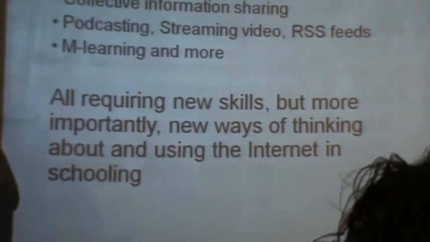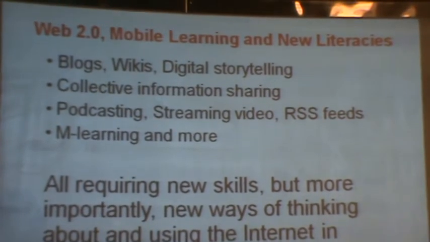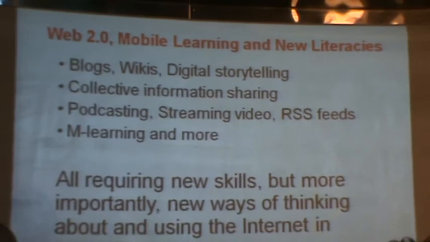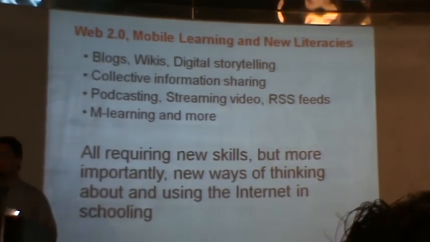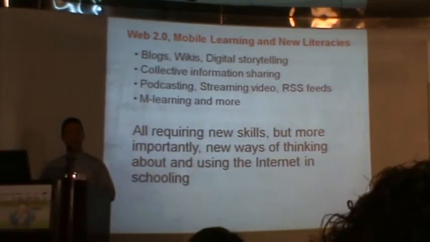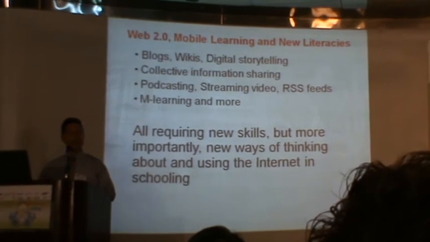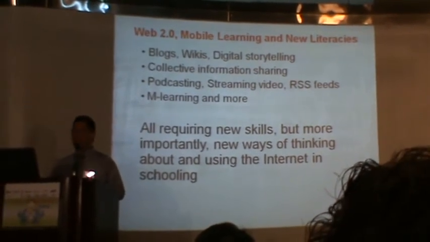Collective information sharing, where you get students of all ages working in combination with each other, collecting and storing central databases together. Podcasting and video streaming are becoming very commonplace. RSS feeds to help us sort through and collect the data that we want from key sources.